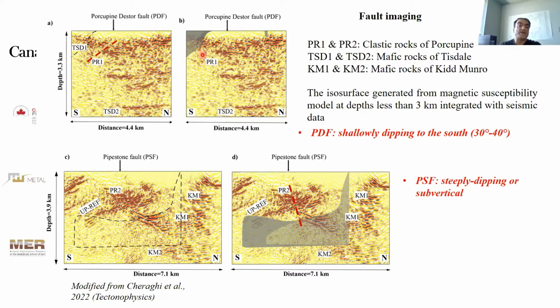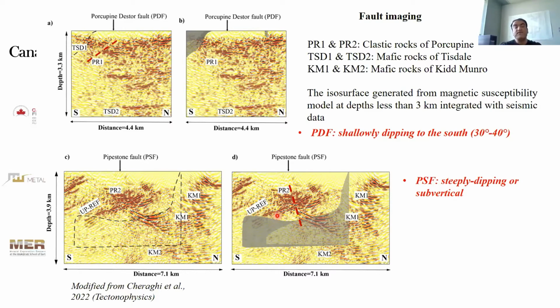Around the Porcupine Destor Fault, we can see a shallowly dipping fault. It could be interpreted that way, and Hogarth et al. also had this interpretation. What we see around the Pipestone suggests a subvertical fault for the Pipestone.